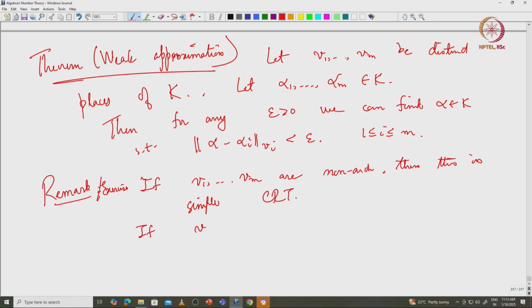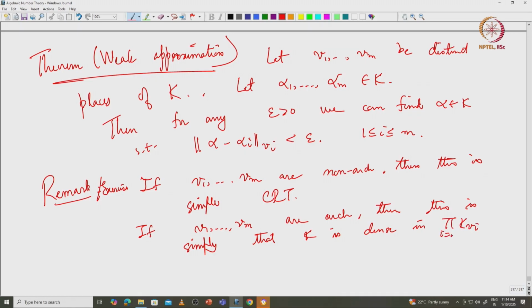And if V1 up to Vm are Archimedean places, then this is simply that K is dense in product KVI, I going from 1 to m. This is one of the first things we proved in the course.